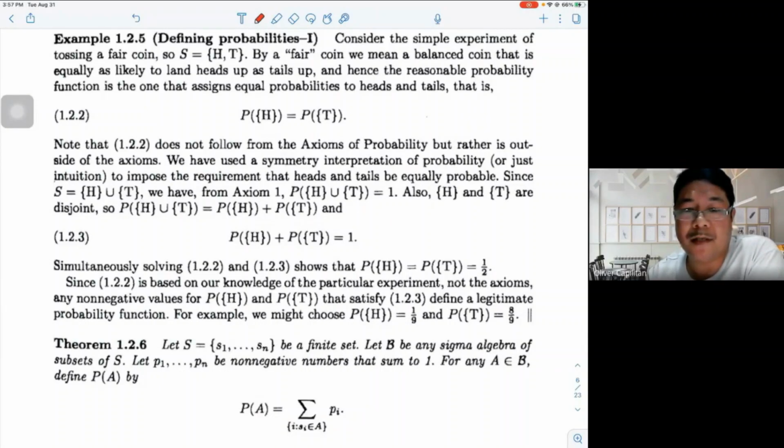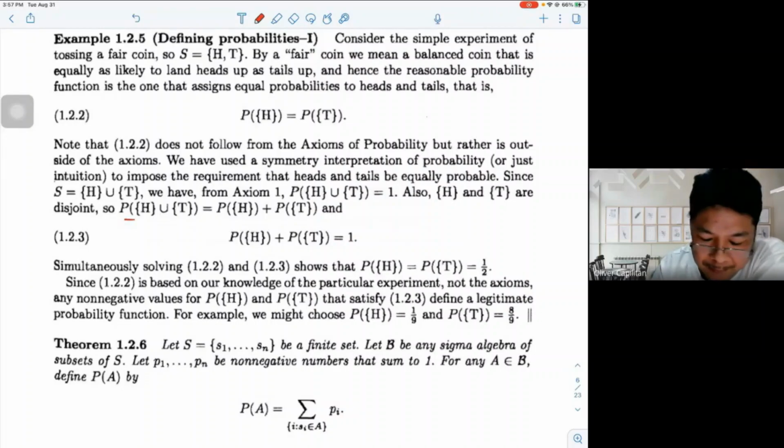And since these two events are disjoint, the finite union of these events has a probability equal to the finite summation of the probabilities.